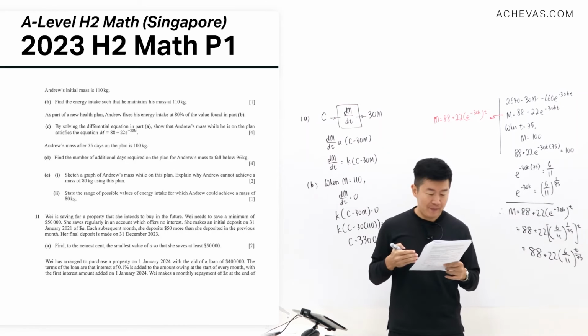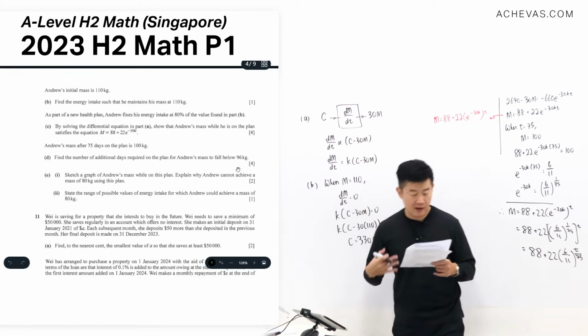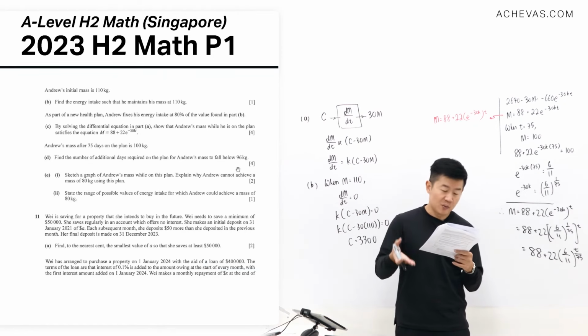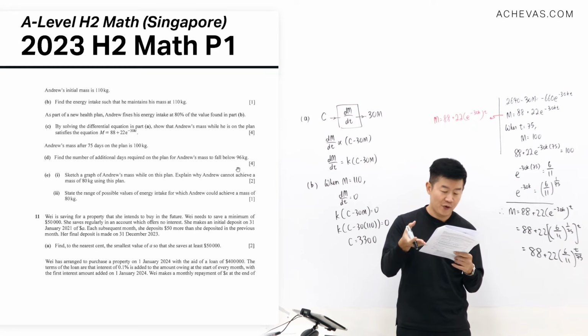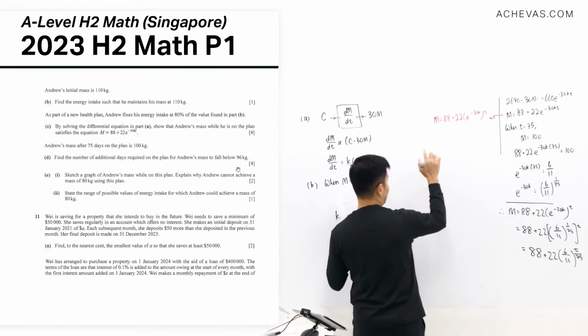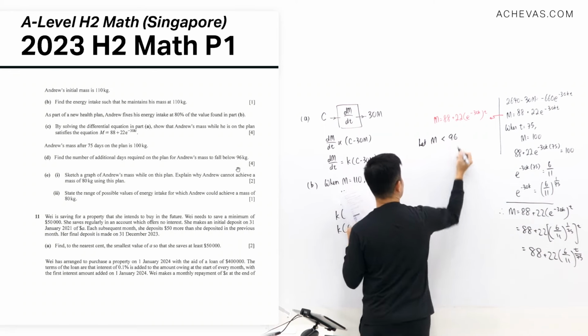So based on this m that I found, I'm going to let m be less than 96 according to what the question says here. Then I can find the additional days such that his weight is going to fall from his current weight all the way until this 96.